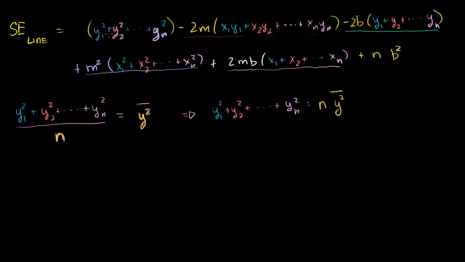And notice, this is exactly what we have over here. That is n times the mean of the squared values of y, or the mean of the y squareds. It's exactly what that is.